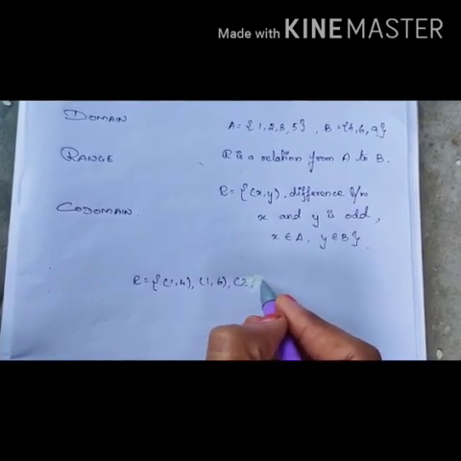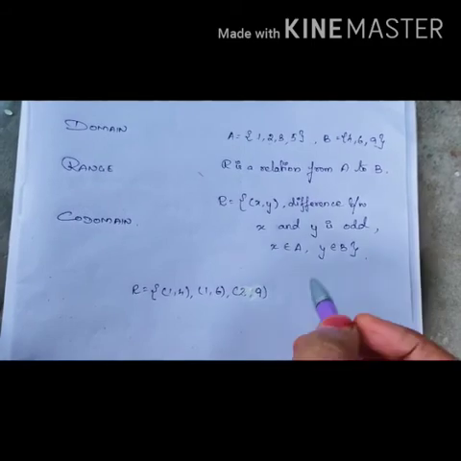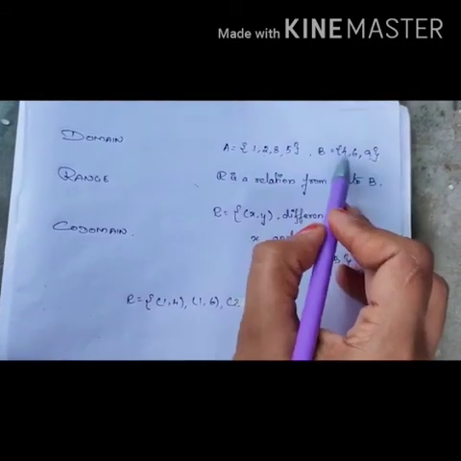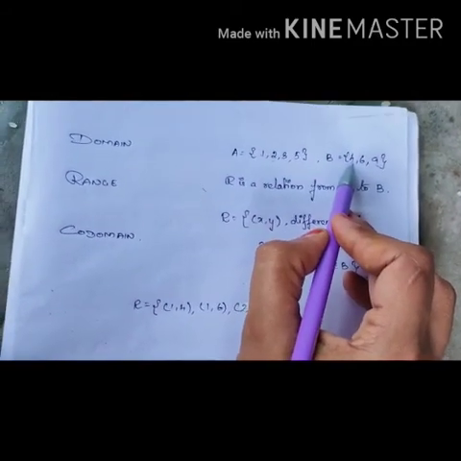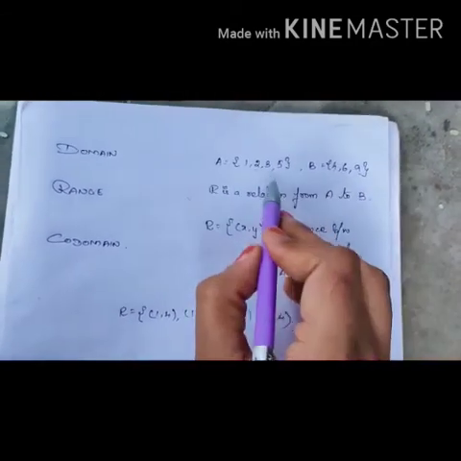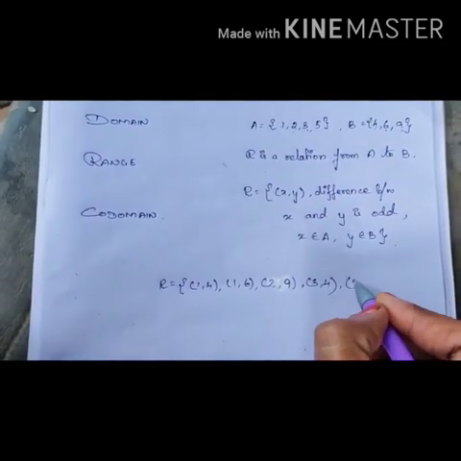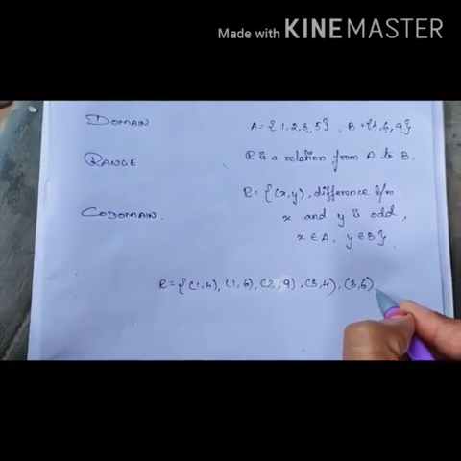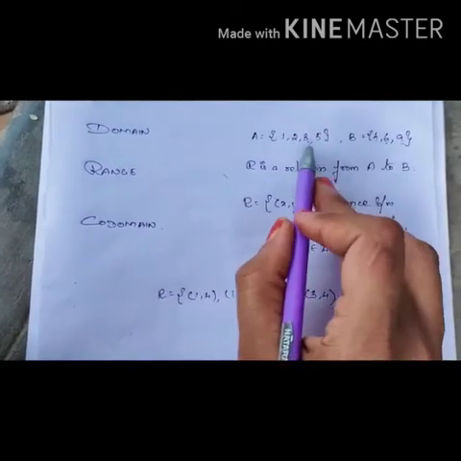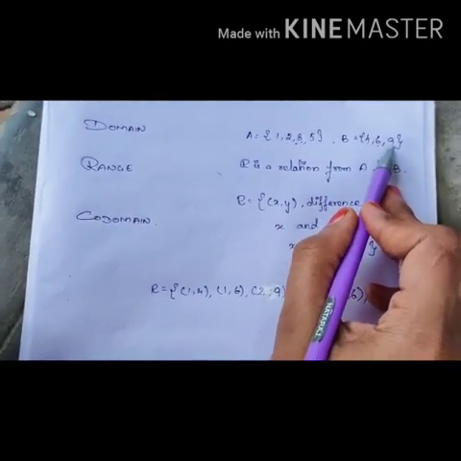Next 2 and 9 is an odd number. Now similarly we are going to continue for the next element 3. 3 and 4, the difference is odd, so this is the next pair. Again 3 and 6, the difference is also an odd number. Now next 3 and 9, the difference between 3 and 9 is 6, which is even, so it is not in our ordered pair set.